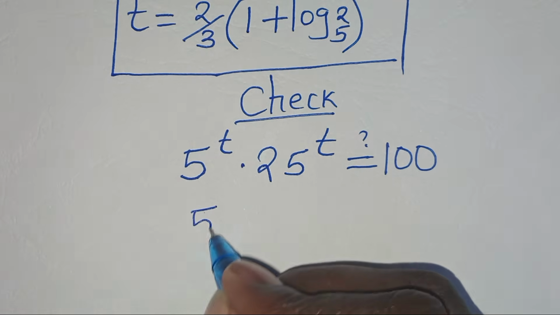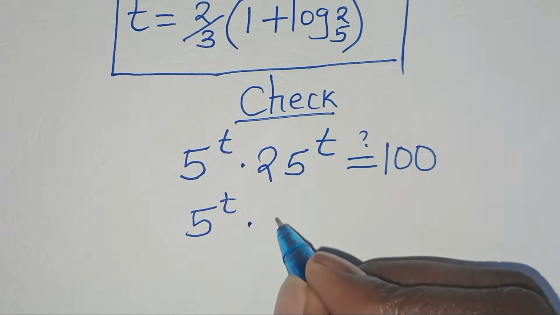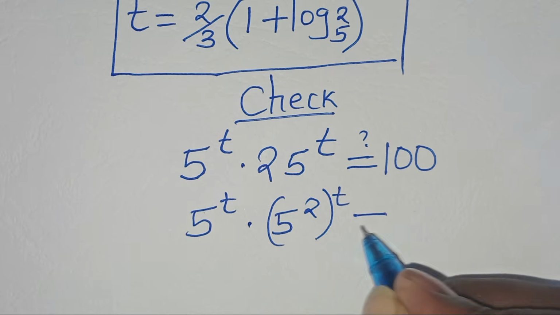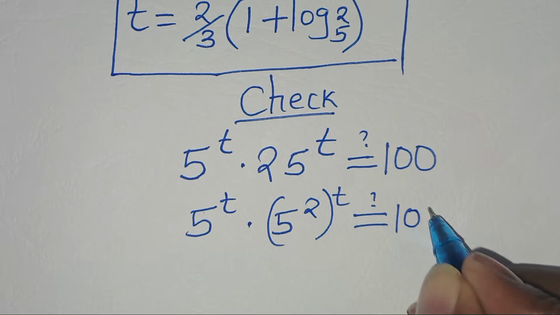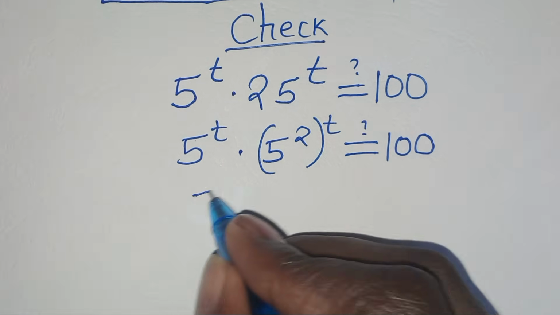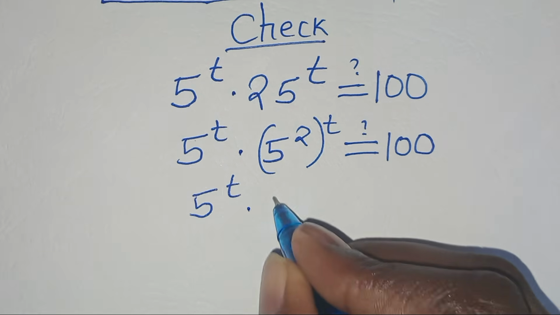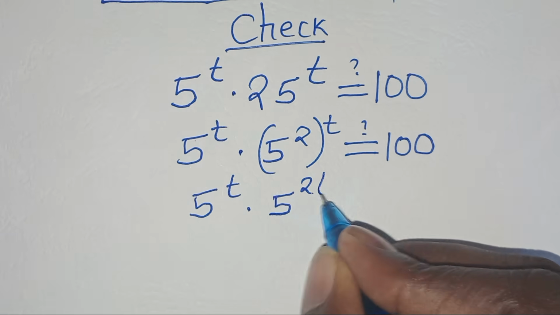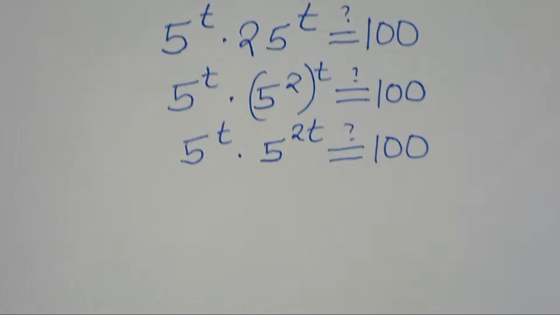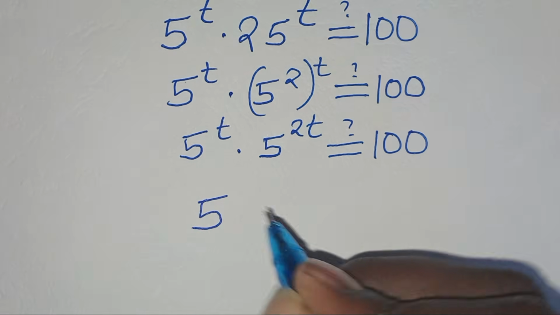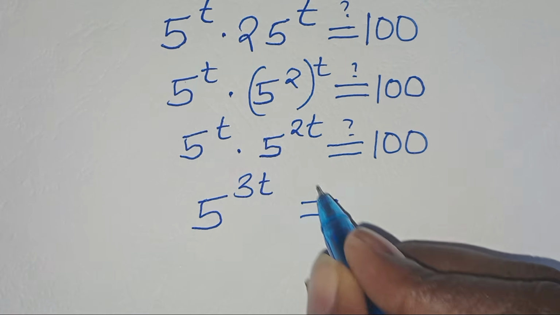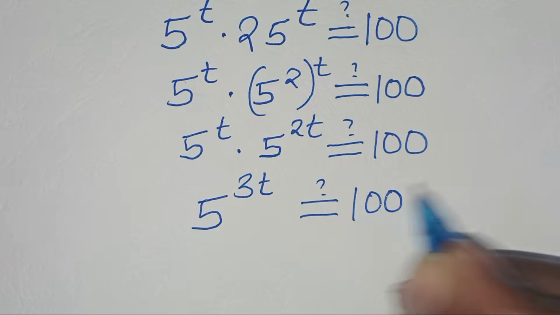So this is the same thing as 5 to the power of t times 5 raised to the power of 2t. They should give us a value of 100. So this is 5 raised to the power of t plus 2t. This is 3t. They should give us a value of 100.